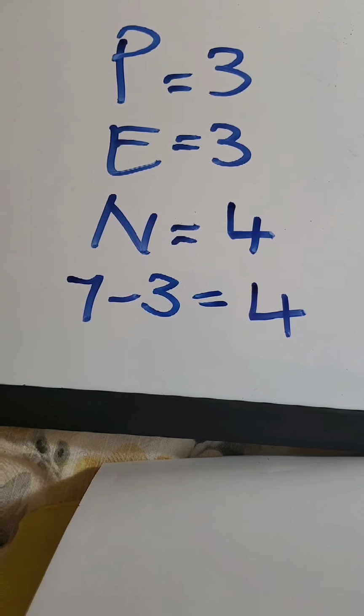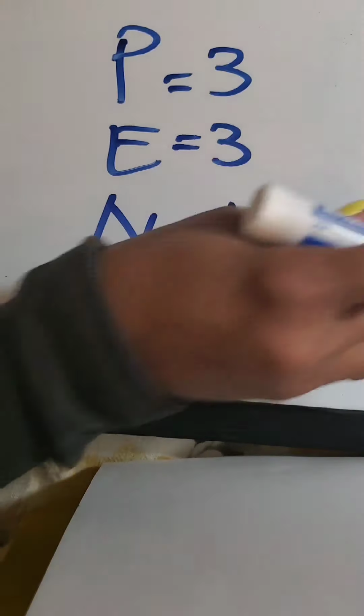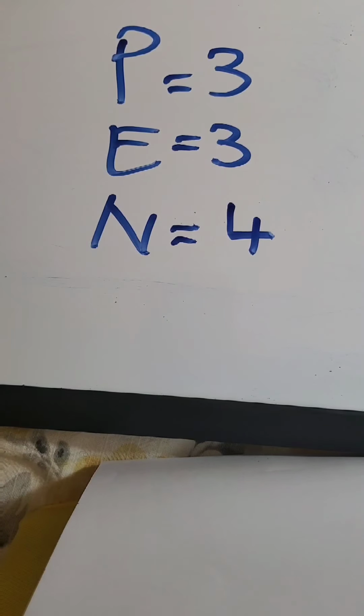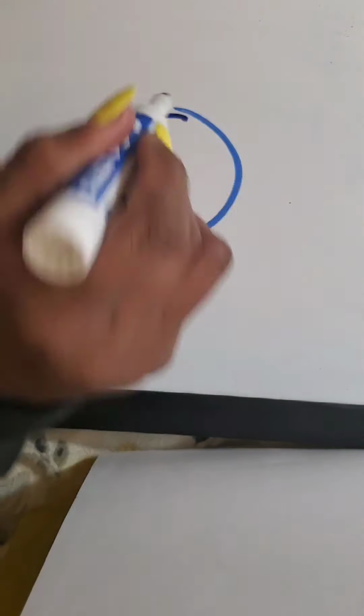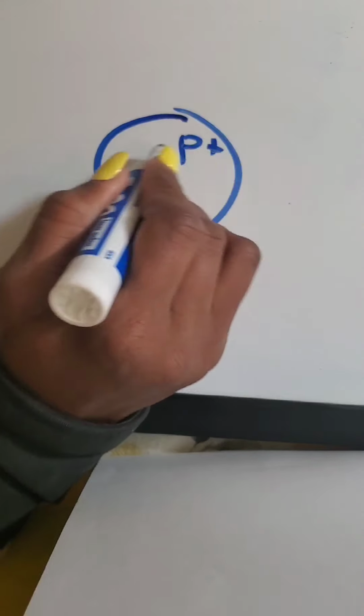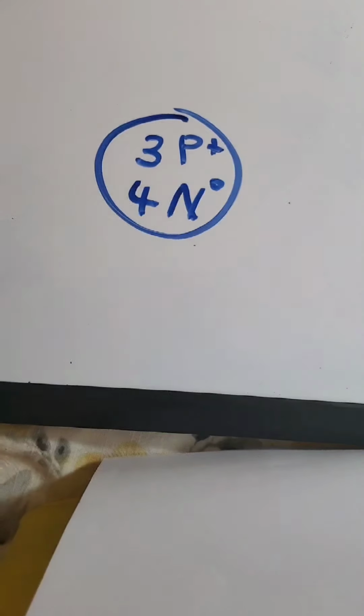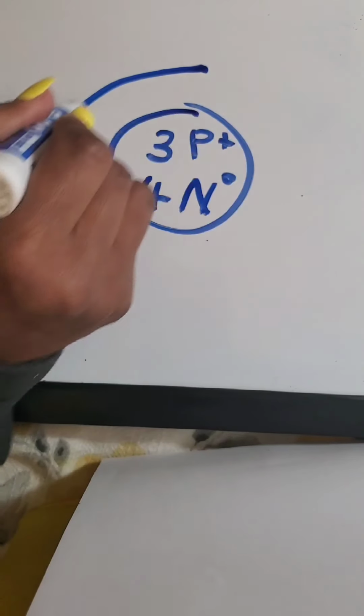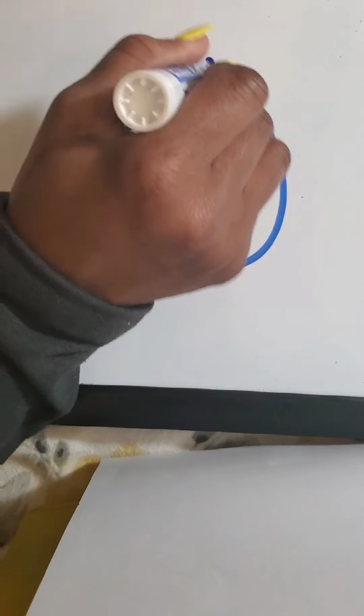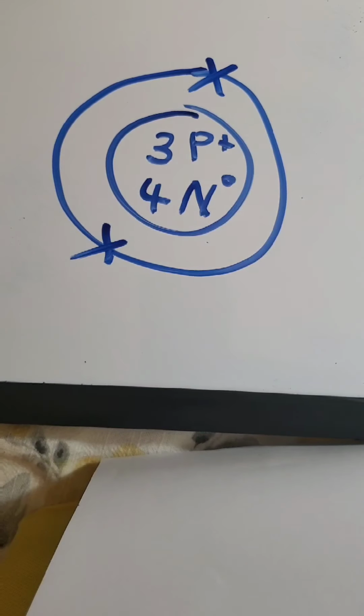So we have 3 protons, 3 electrons, and 4 neutrons. Let us represent that in Niels Bohr's way. We will have our nucleus. Number of protons is equal to 3. Number of neutrons is equal to 4. And our first shell will hold a maximum of 2 electrons.